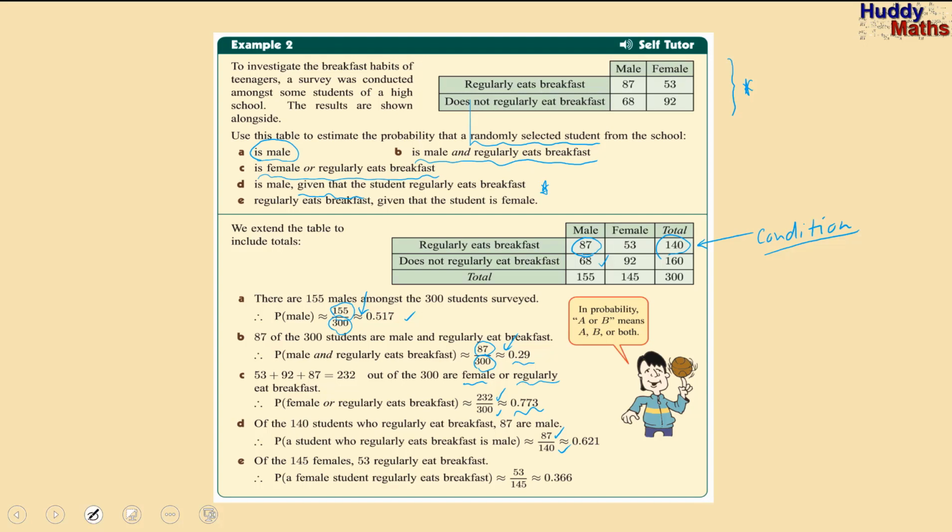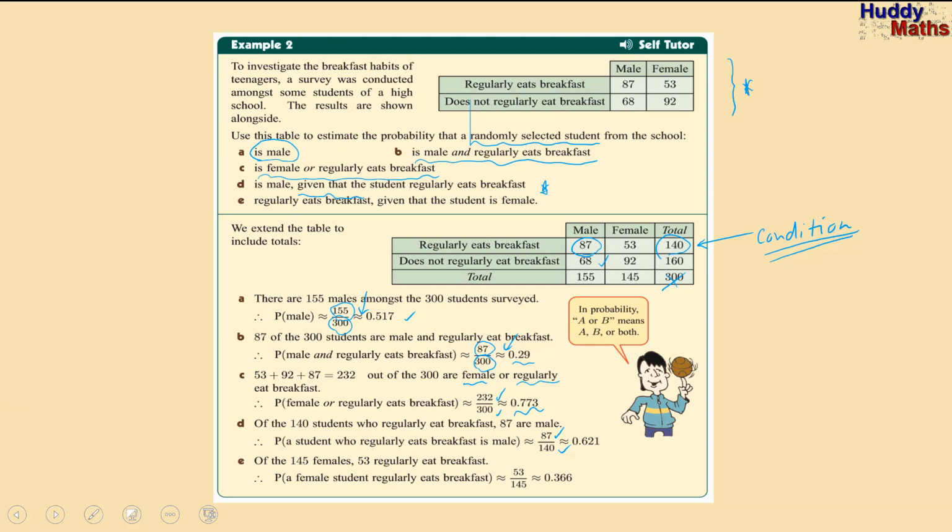Notice it's out of 140 now, not 300, because the condition was that they regularly ate breakfast. So only 140. You've changed the size of the sample space under this condition. Okay, this was a condition that they had to be regularly eating breakfast. So it came down to a number out of 140, not out of 300.